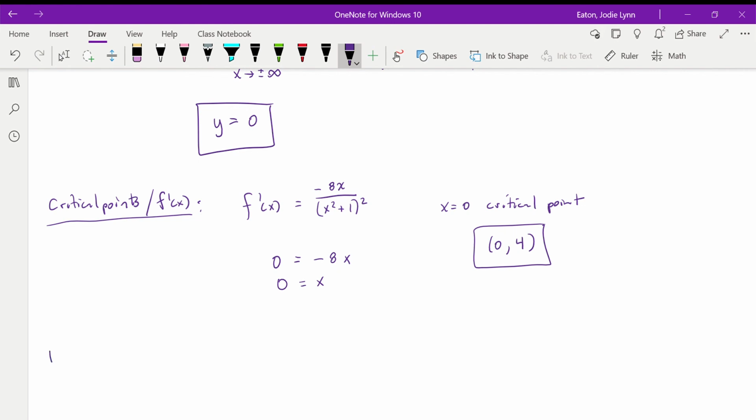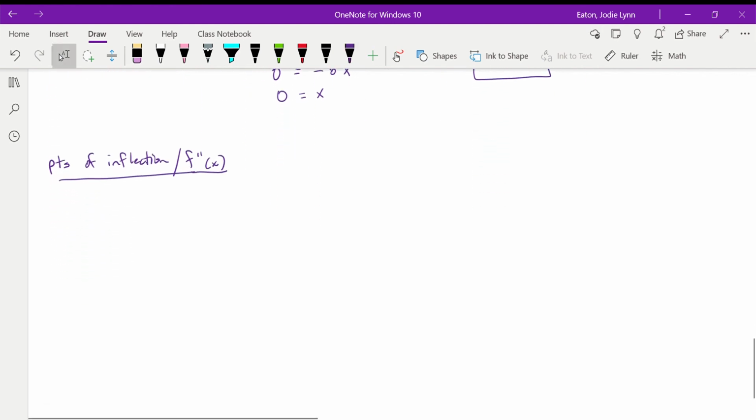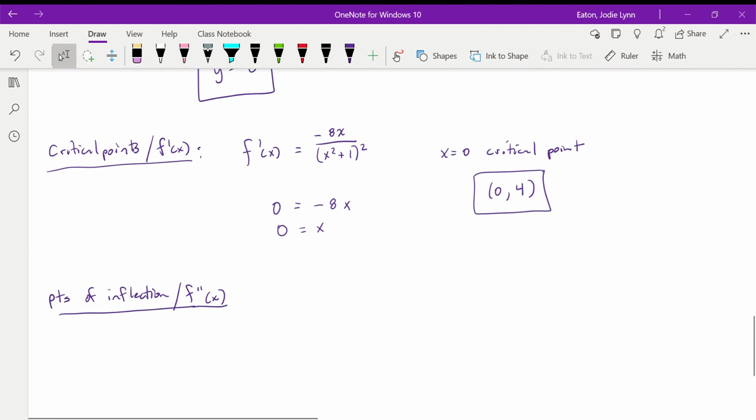So points of inflection, f double prime of x. Okay, this is somewhat more fun. So we're going to do low d high.